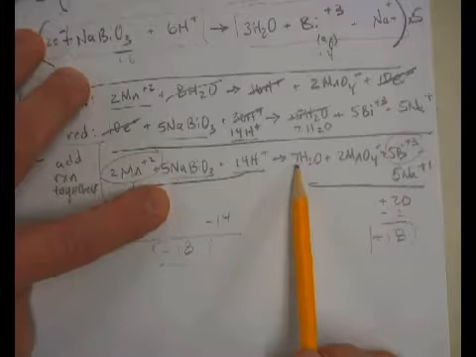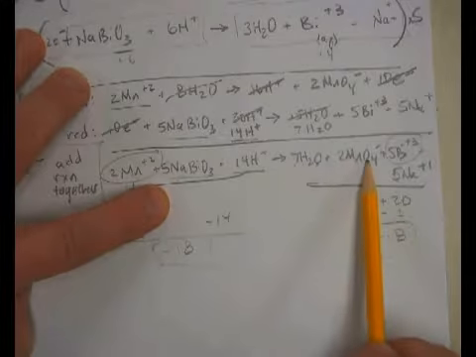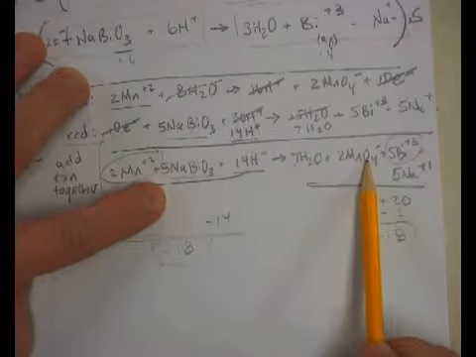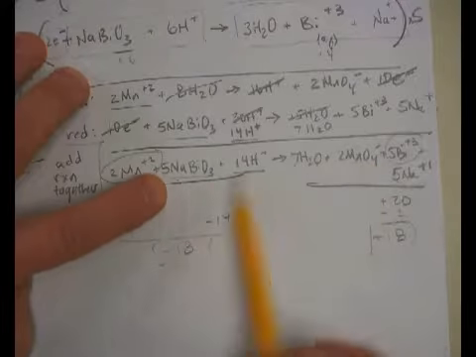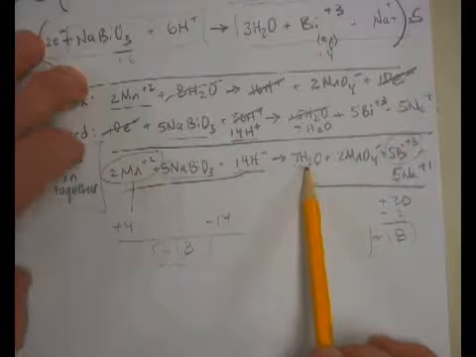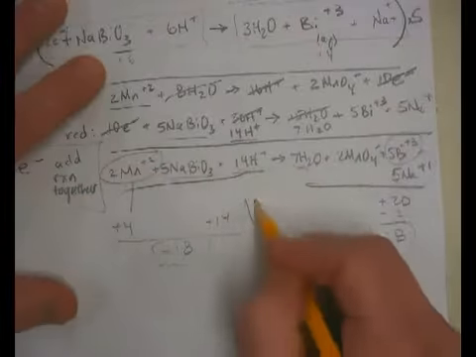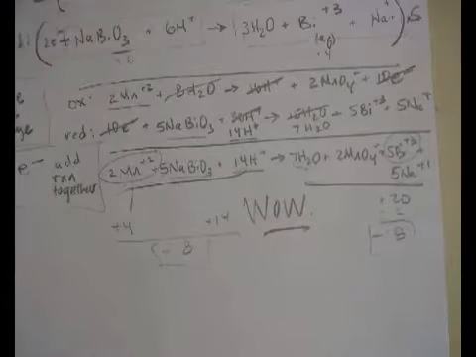Seven oxygens here, and 2 times 4 is 8, plus 7 is 15. Hey, 15 and 15, good. 14 H+, and 7 times 2 is 14 H+. Wow! You can write a big wow down after that, too. That one's balanced. Now, you need to be fairly quick at that.